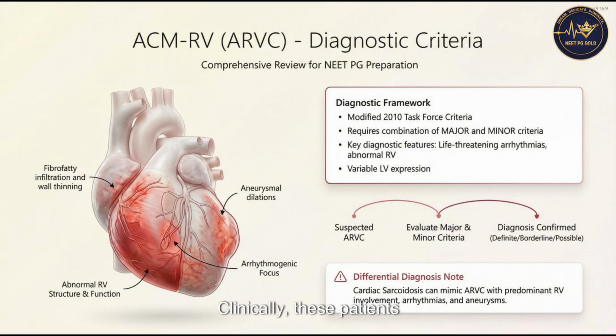Clinically, these patients present with life-threatening ventricular arrhythmias that arise from the right ventricle. A crucial differential diagnosis to keep in mind is cardiac sarcoidosis, which can mimic this condition perfectly with right ventricular involvement and arrhythmias. So look for systemic signs of sarcoidosis to tell them apart.